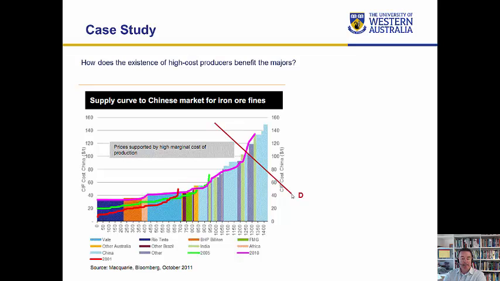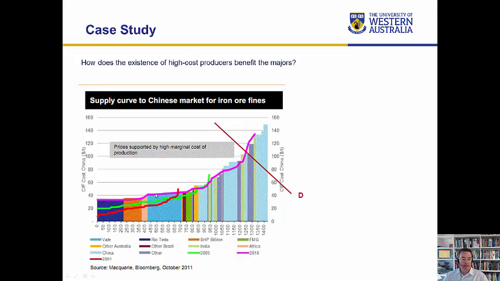Now this market, let's ignore the fact that a lot of iron ore is traded subject to contract, and let's just imagine that this is a competitive market with a lot of people demanding iron ore, that is the big steel plants, and a lot of different companies and countries supplying iron ore. So let's just talk about a competitive market. So we've got the supply curve in 2010.